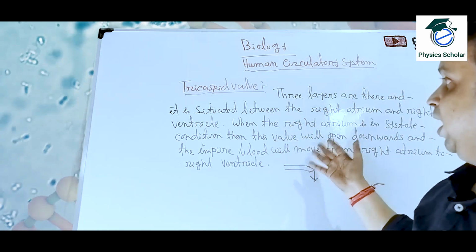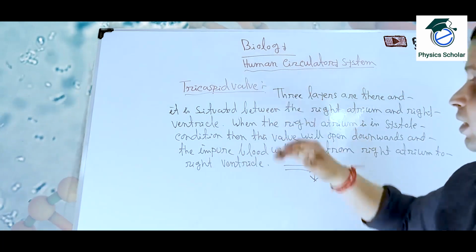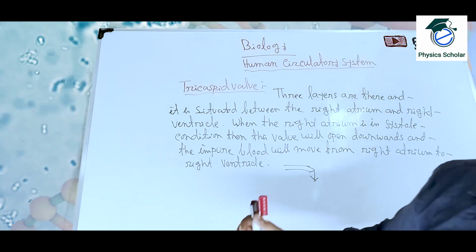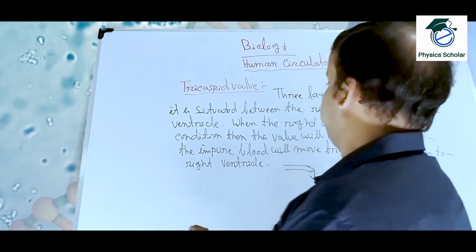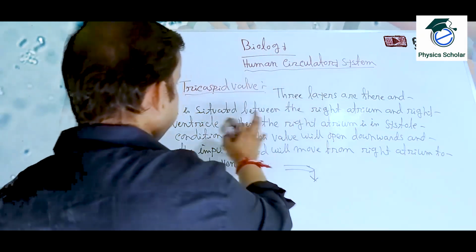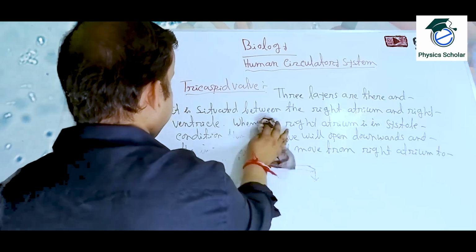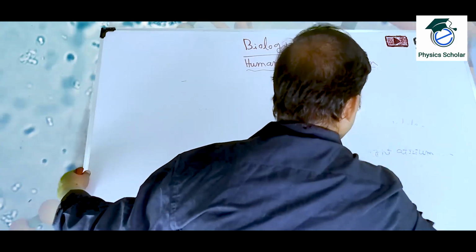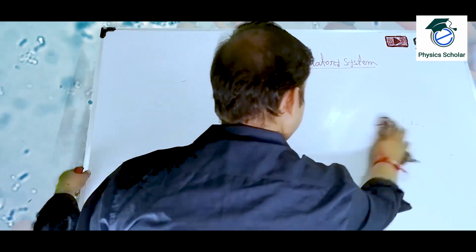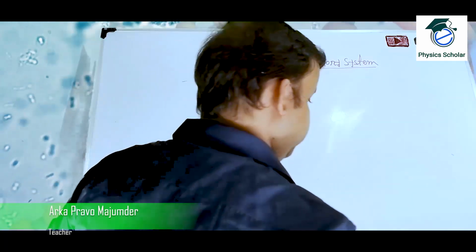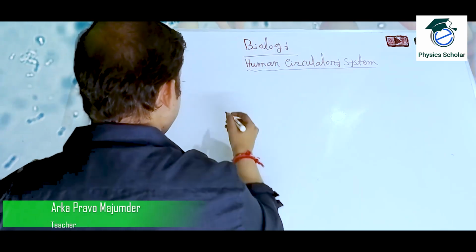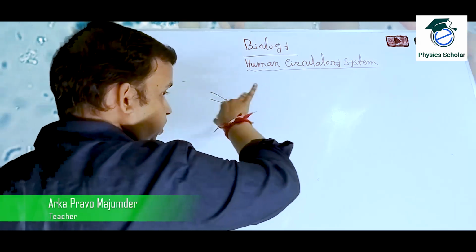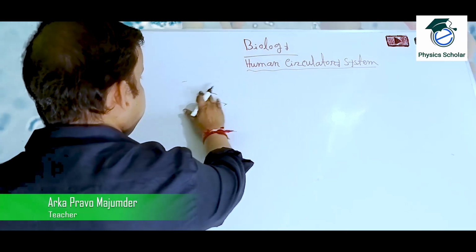Clear? Now the main thing is that these valves, the mitral valve and tricuspid valve, both the valves. You know the function of the two valves, and where they are situated. But another main thing is that the valve can open only in one direction, that means downward. It cannot be opened in the upward direction.